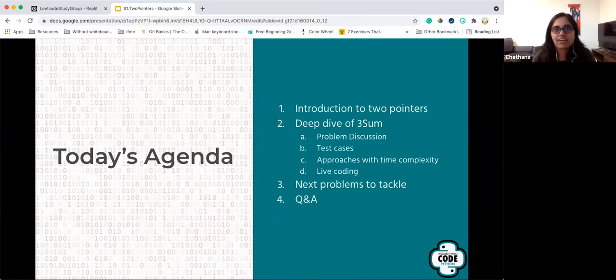Because we're starting with a medium problem, there are slightly easier ones you can tackle afterwards, 2Sum and 2Sum II. I'll talk about them as we go on, and then we'll finish off with a good round of Q&A.